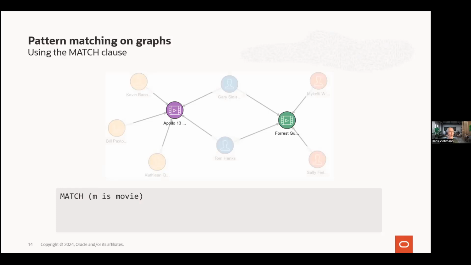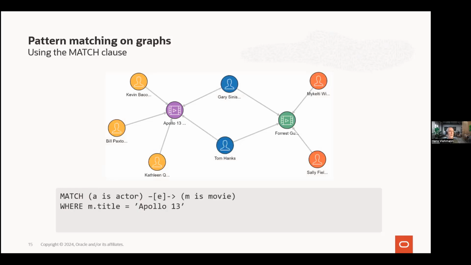Now that's a bit boring because it doesn't look at any relationships. If I want to have relationships like here, then I can come up with a match clause which says, find me all vertices of type actor, which are connected through an edge, and I just give it a variable name E here, to a vertex of type movie with the additional predicate that the m.title, the movie title, is Apollo 13.